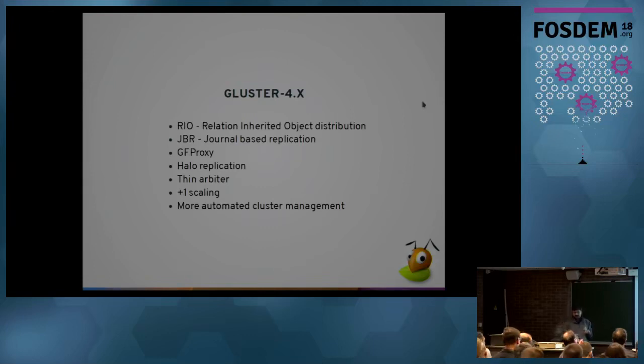There's this thing called +1 scaling, which should allow users who are using replicated or erasure coded volumes to scale by adding one extra server. So right now with erasure coded or replicated volumes, if you want to grow your volume, you need to add the replica number of servers or the EC parameters number of servers. That is not always helpful.